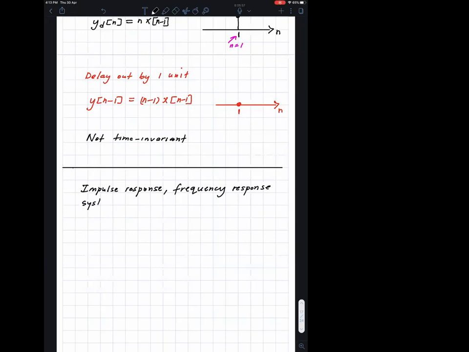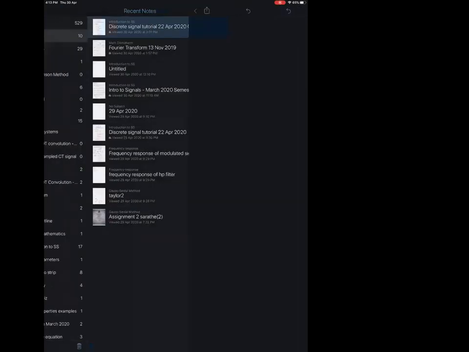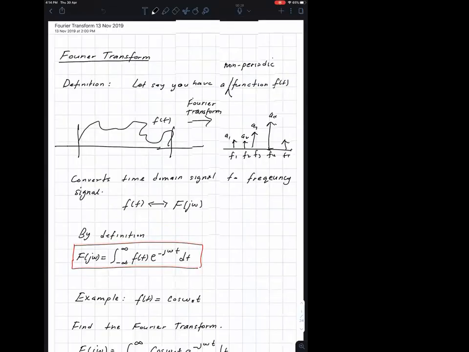System response. Okay, this is nothing new. You guys go to the Mathematics 2A. This is something that you have learned before. Uploaded in the signal and systems folder.